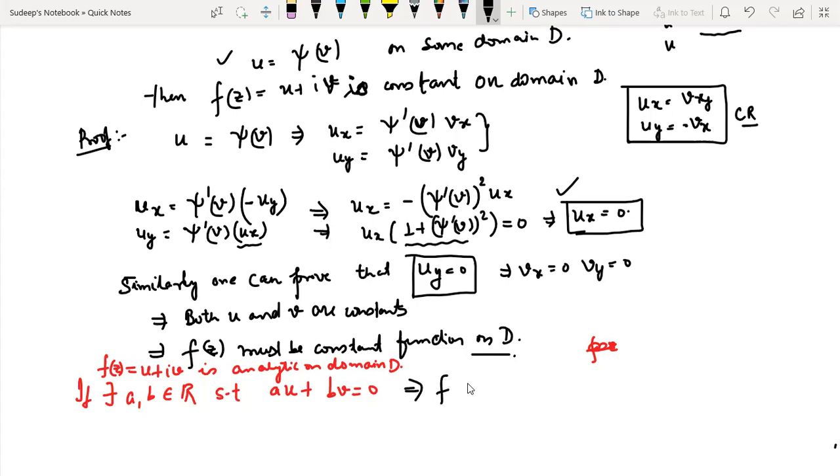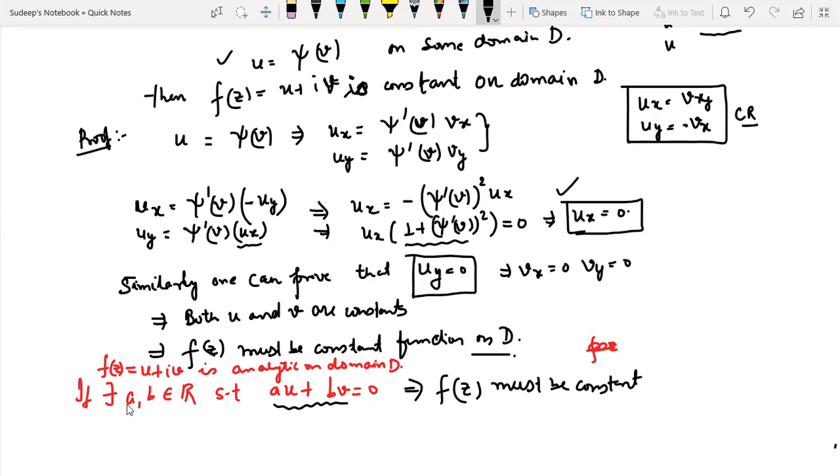It implies that f(z) must be a constant function. Why? Because here your u and v are lying on a line. Okay, so they're lying on a curve.